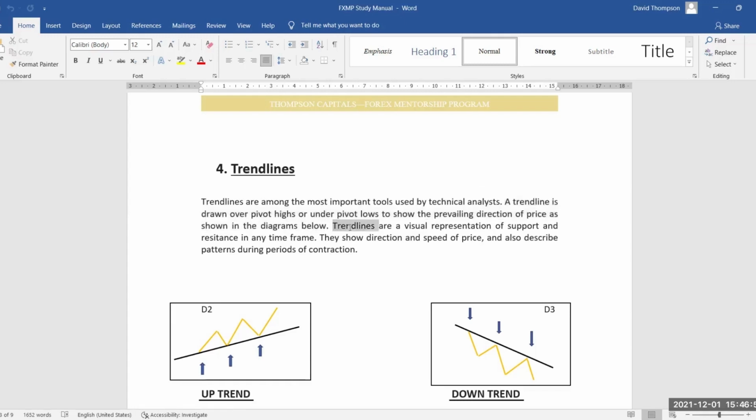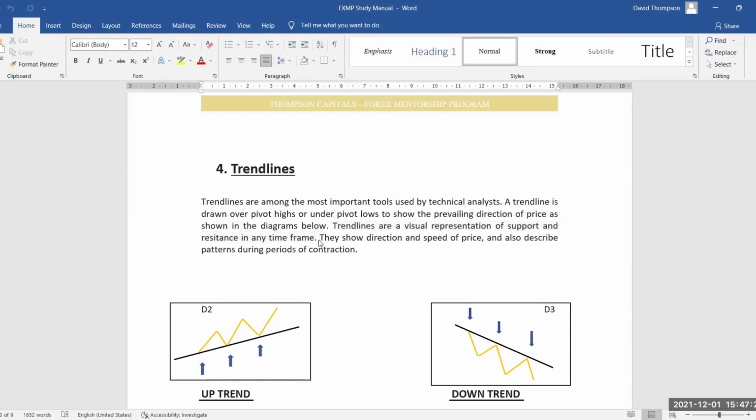Continuing. Trend lines are a visual representation of support and resistance in any time frame. So when we get down to the charts, I'll dissect that particular sentence for you so that you can understand the actual representation of support and resistance.